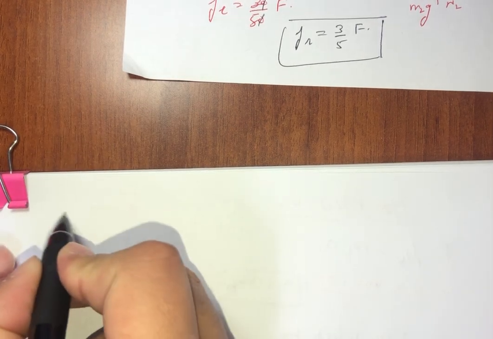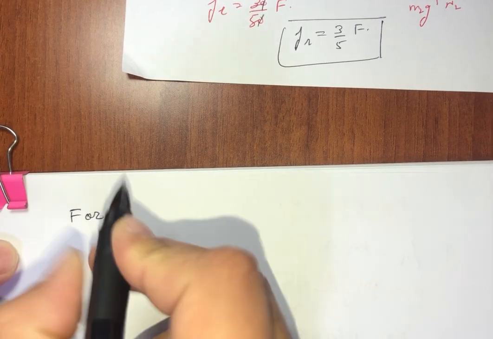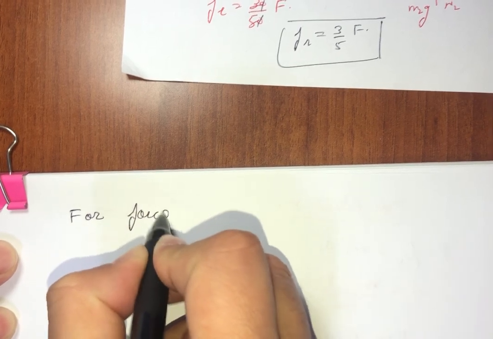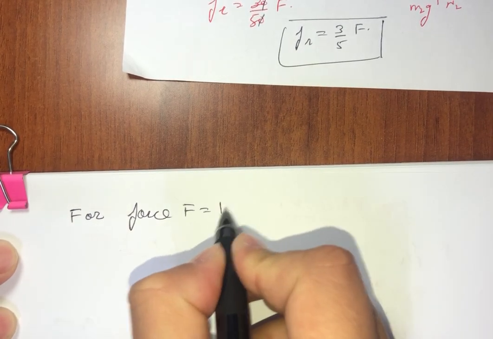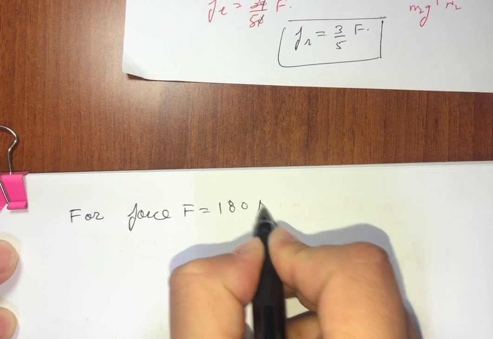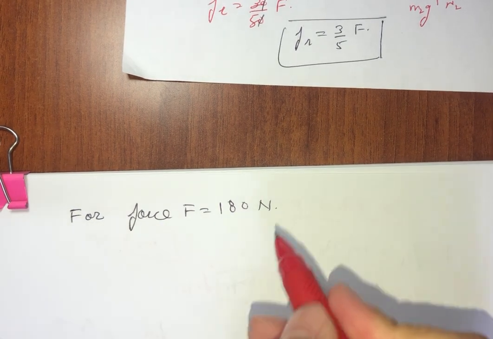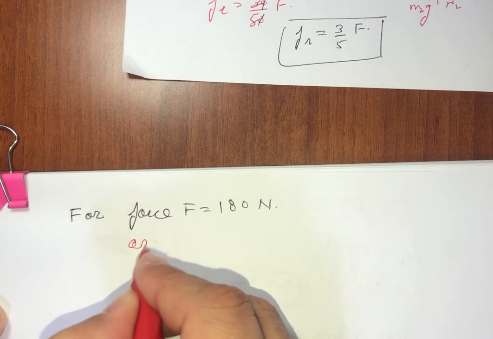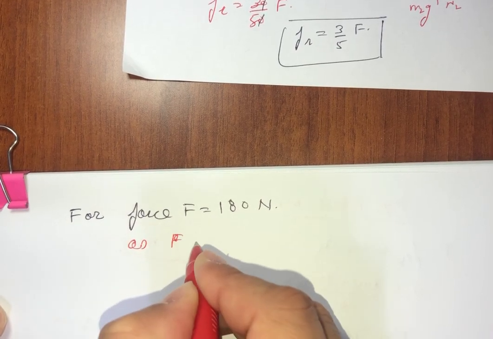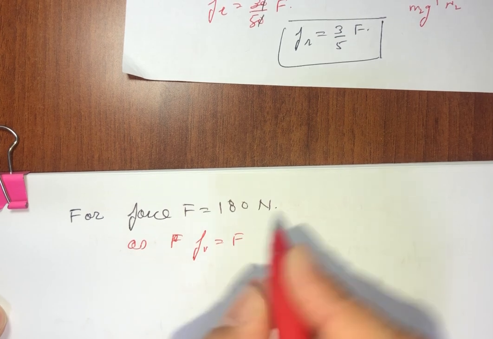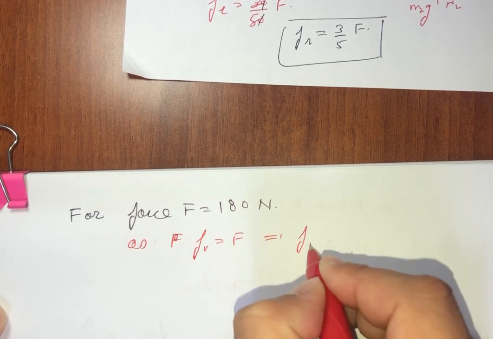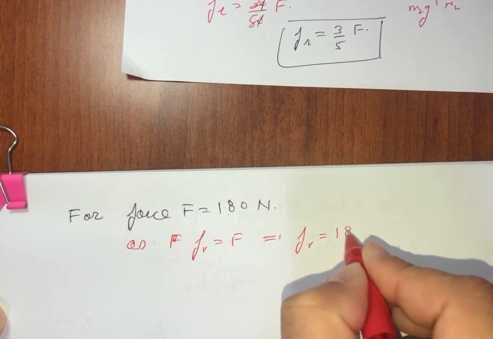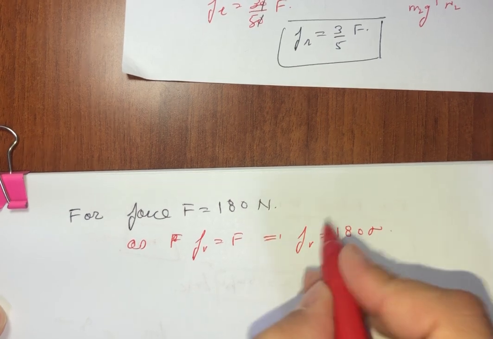So for force F equal to 180 Newton, from the relationship we know that Fr is equal to F, so Fr will be equal to 180 Newton.